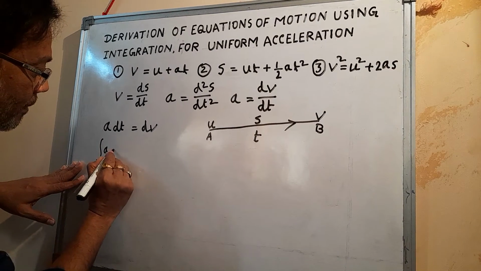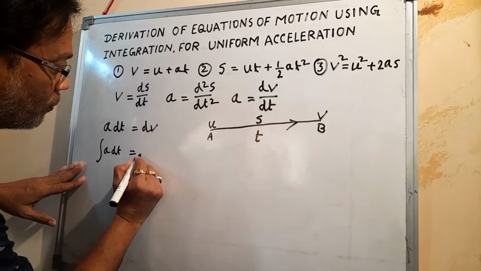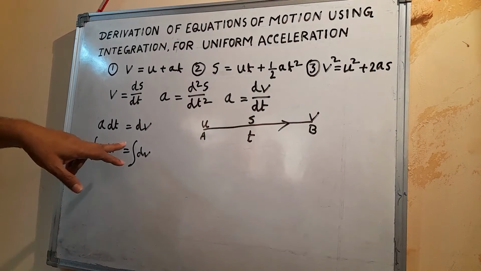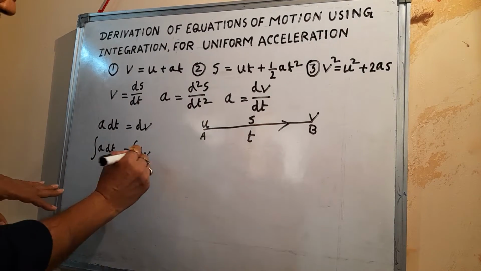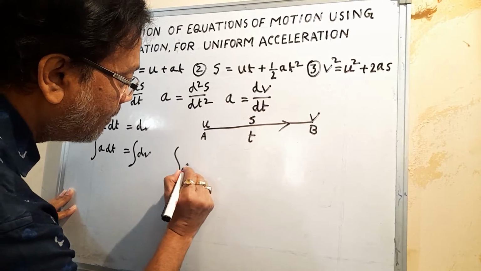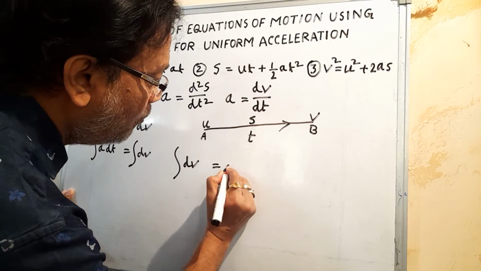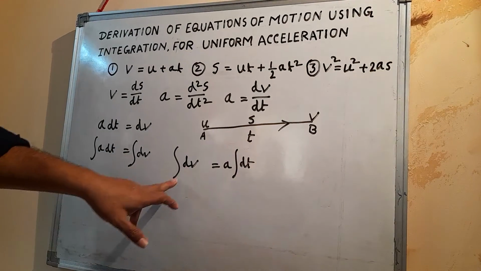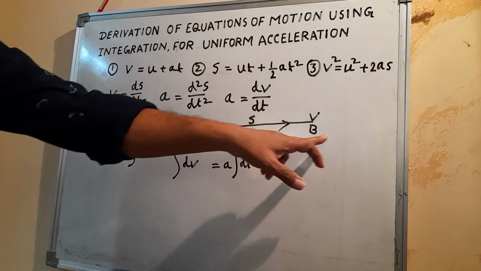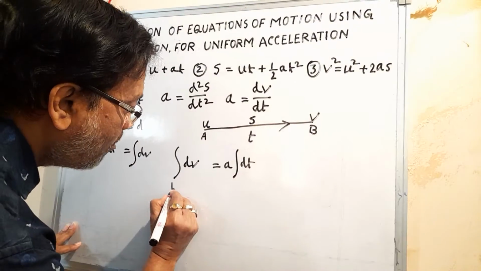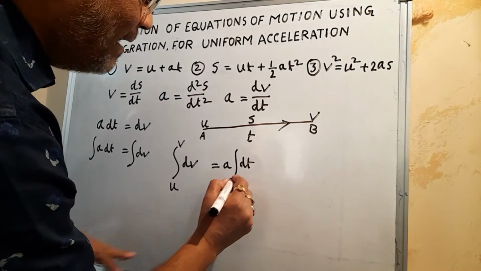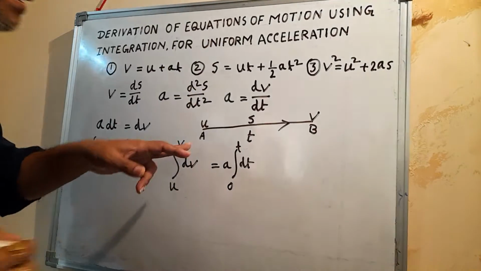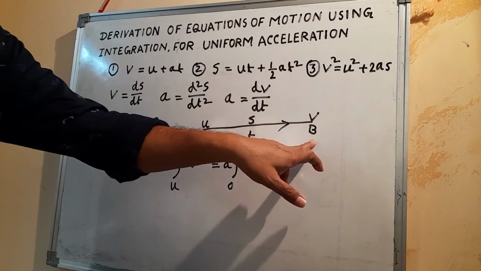Now we will integrate this formula: integration of a dt equal to integration of dv. The limit of v is u to v, and the time limit is 0 to t, since time starts from 0 and finishes at t.